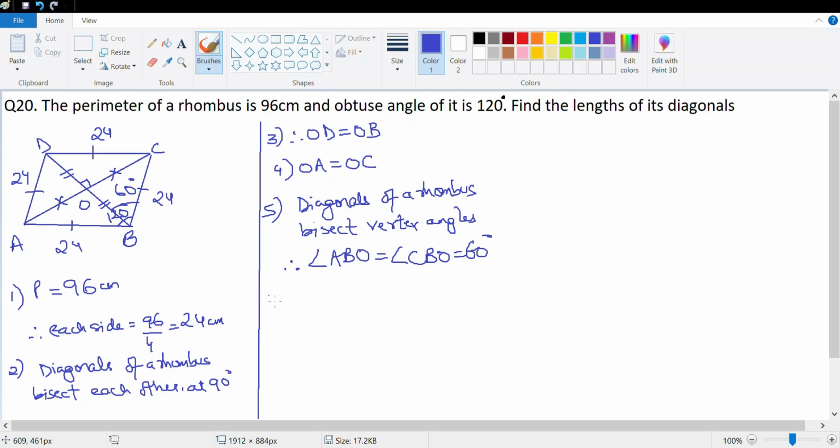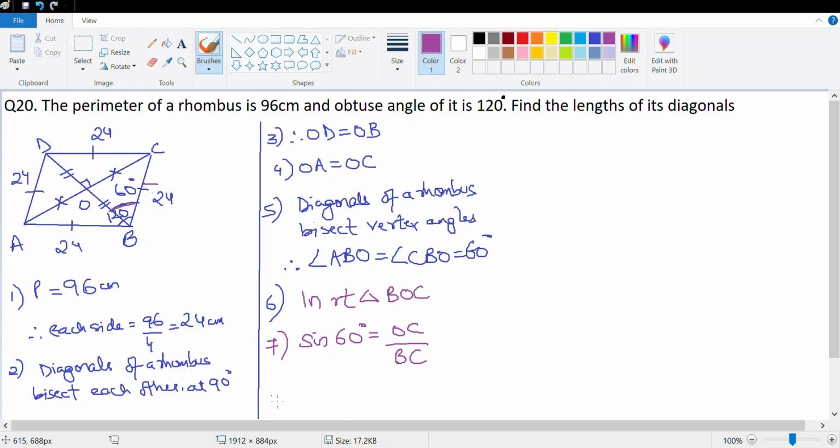Now let's look at the right triangle BOC. So in right triangle BOC, I have one side as 24. This is my reference angle. So this is perpendicular, this is hypotenuse in this case, and OC would be the perpendicular, which means sine 60 degree would be equal to perpendicular, which is OC, upon hypotenuse, which is BC.